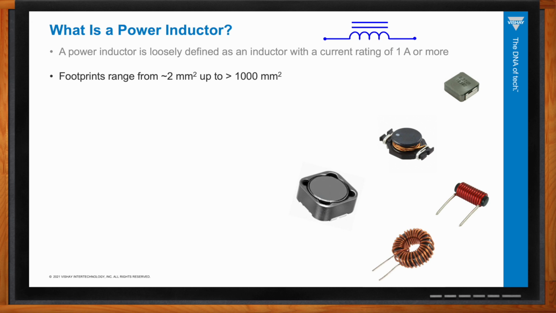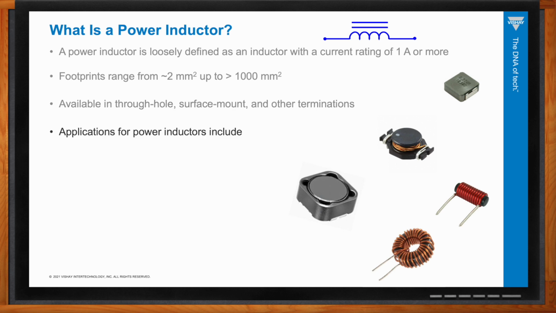So there's really no limit on the top end. These are typically available in a through-hole or surface mount type configuration, but other terminations are available, and that could be something like a welded-on terminal or a bolt-on terminal, something like that. So most of them are going to be surface mount or through-hole.